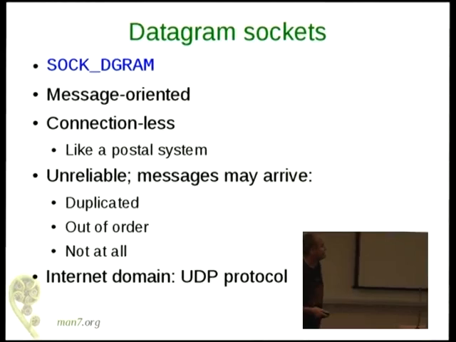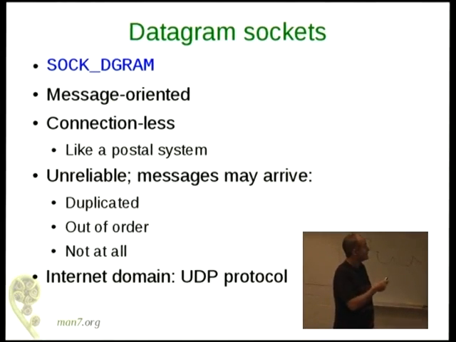Okay, then you've got datagram sockets. It's a message-oriented type of communication. It's connectionless. It's like the postal system. You can fire out a message using your datagram socket to any other datagram socket whose address you know.